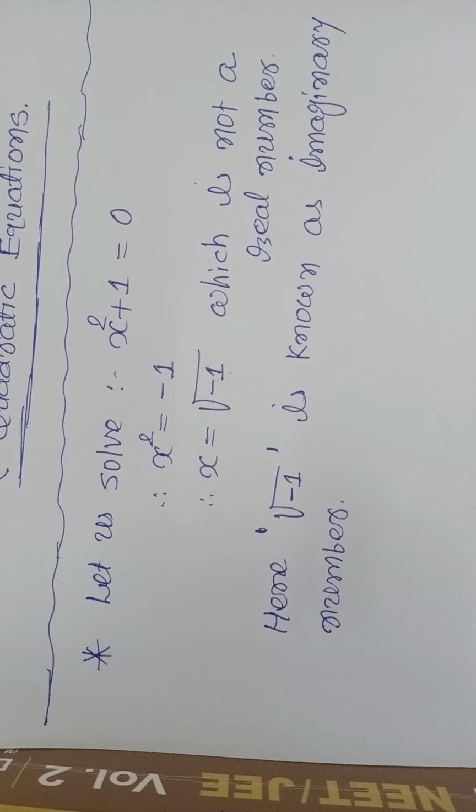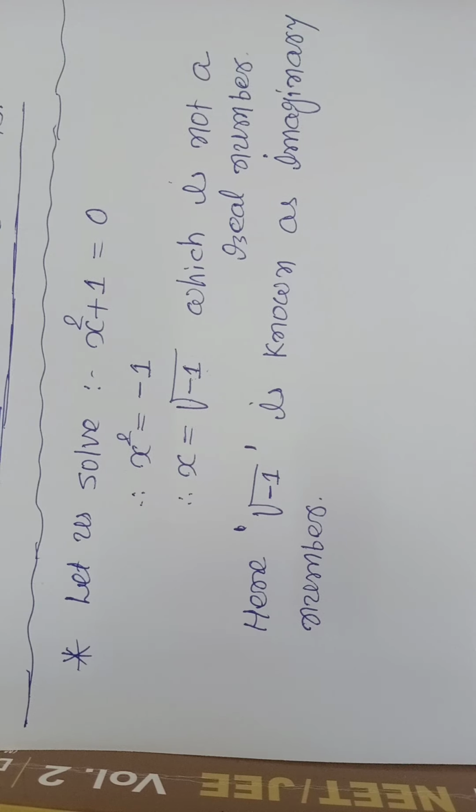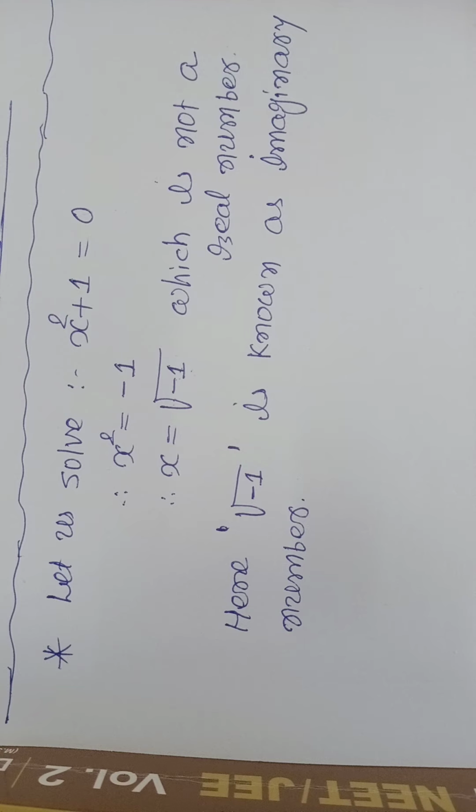But my dear friend, the set R, when we take the cross product R cross R, from the chapter relation and function, is the set of ordered pairs. This kind of ordered pair is also known as the set of complex numbers. But here our question is, how do we apply this square root minus 1 in mathematics?